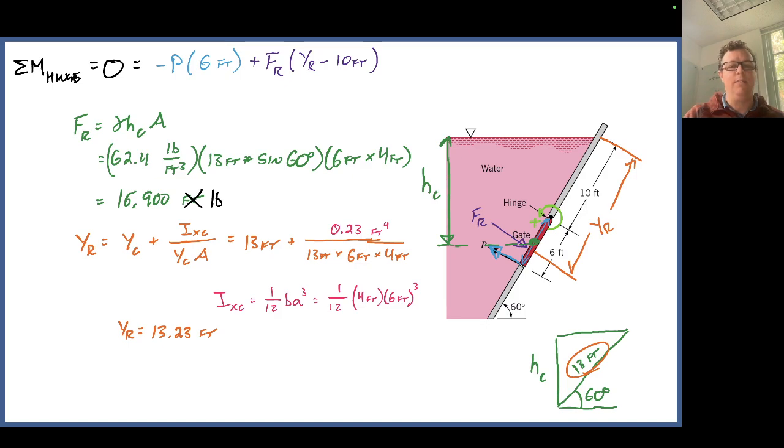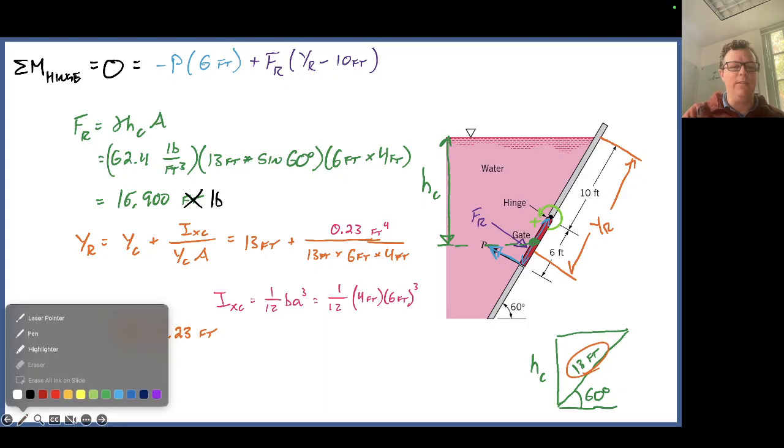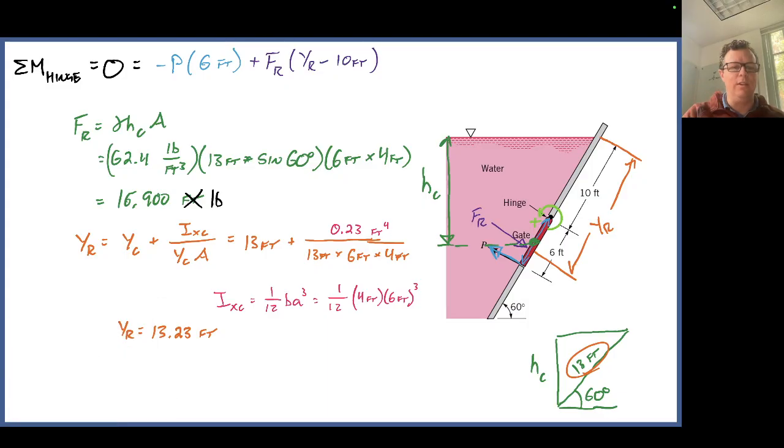When we combine this all together, we get a YR of 13.23 feet. And I'm just noticing here as I record this problem live for y'all, I'm not sure that this 13 is actually correct because I took this 0.23 and I forgot to divide it by these things down below it.